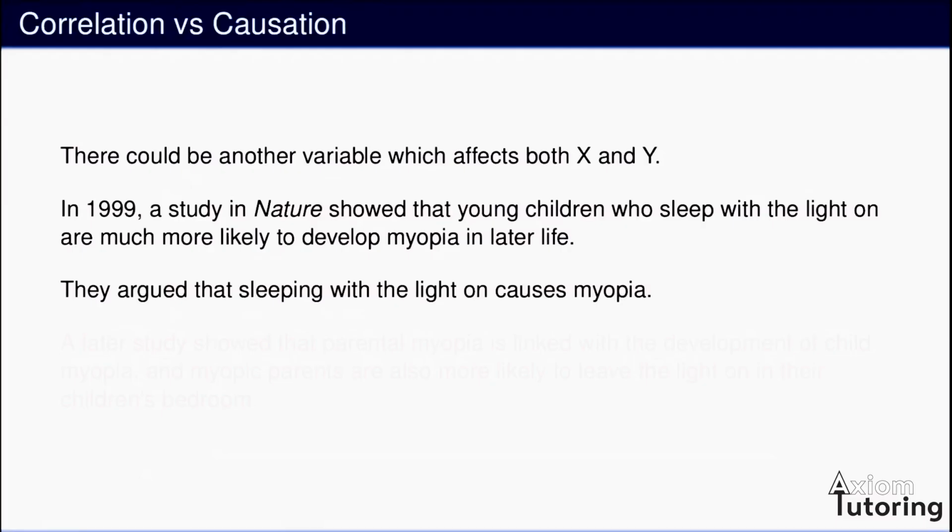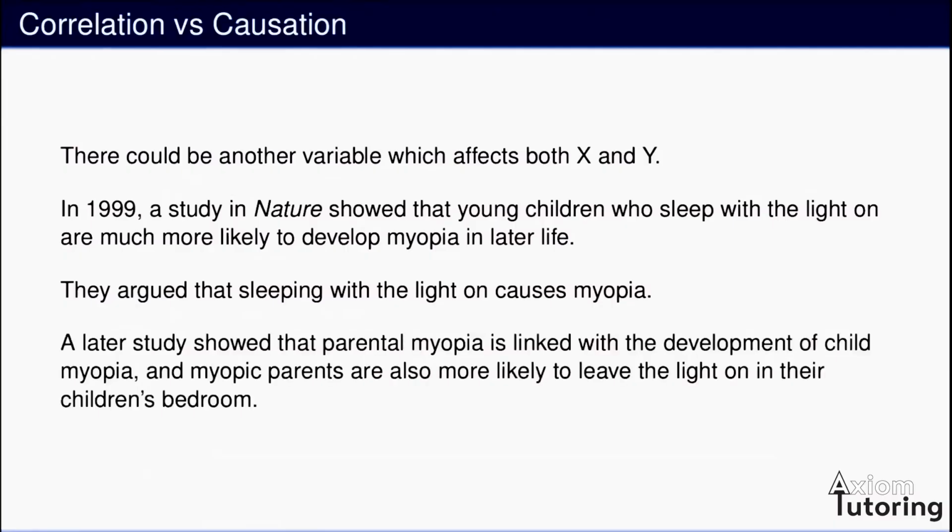Now, this, on the face of it, seems relatively plausible. Maybe the lights that the children look at would damage the eyes, and that would be a reason why they develop myopia later in life.